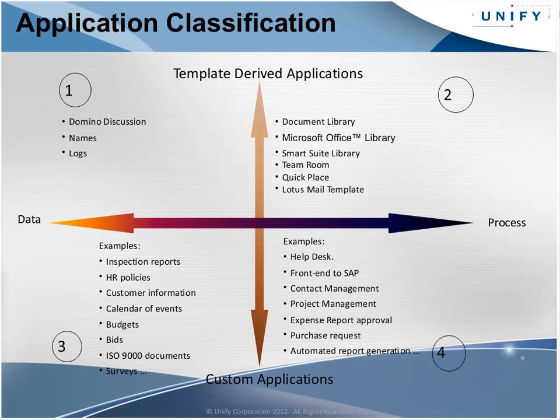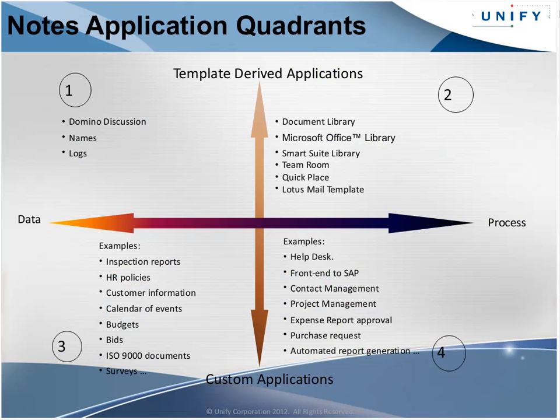Now, when you map these together, this X and Y axis, you end up with 4 categories or quadrants, as we use in the title, of notes applications. These quadrants 1 through 4 run along these spectrums from very simple to very complex custom notes applications. The solution you're going to see today is really geared towards quadrant 4, the custom notes applications.